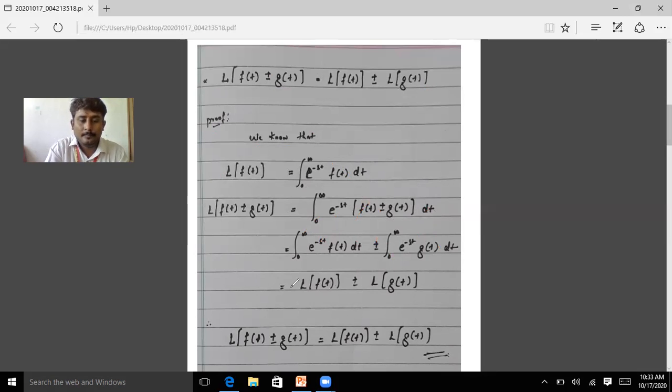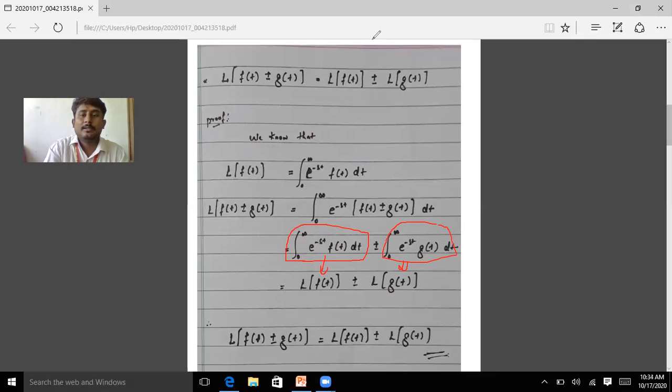Okay, now we get two separate functions here. This one is called the Laplace transformation of f of t, one function, and this one is also called the Laplace transformation of another function, that is g of t.